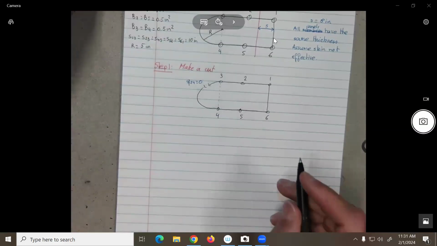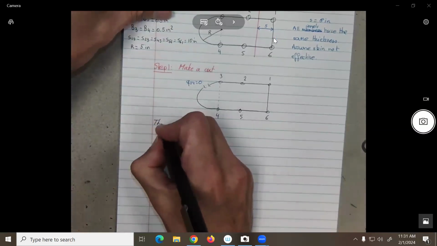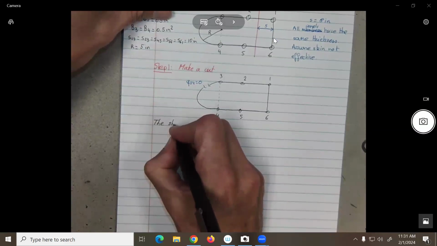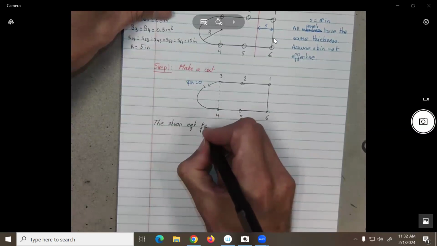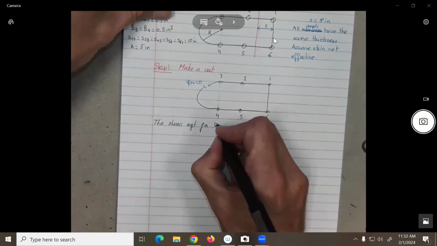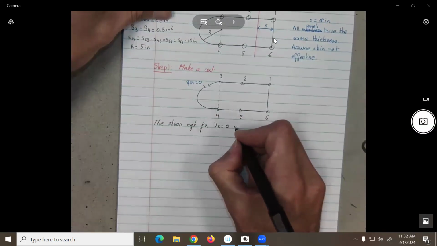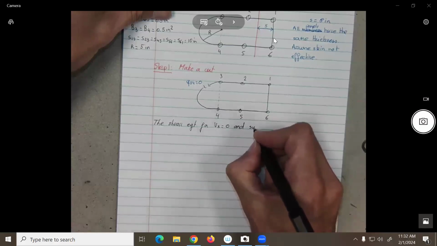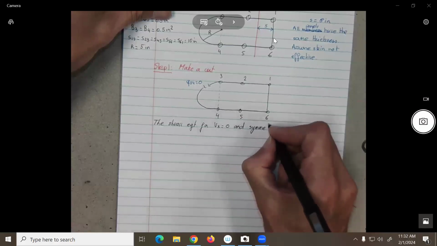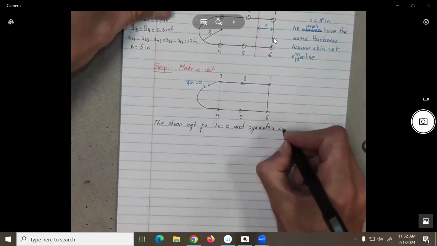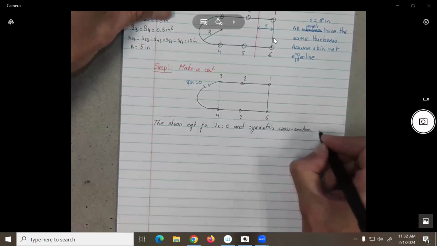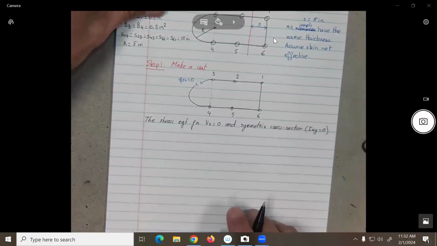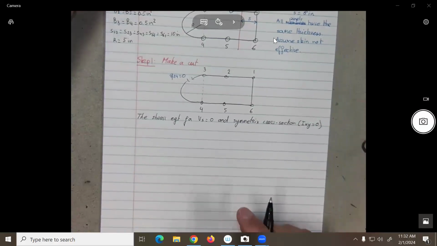And as before, the shear equation for Vx equals 0 and symmetric cross section. We had the same thing last time. That means that the product moment of inertia Ixy is equal to 0.